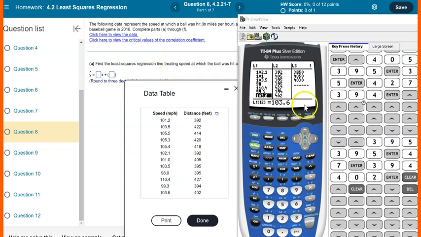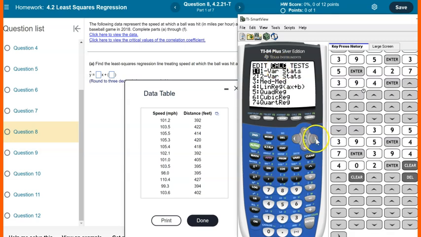To find that, as usual, we click STAT and select CALC using this arrow button, and this is number 4, LinReg. Since your data is in L1 and L2, I have to do nothing here. Just press enter.